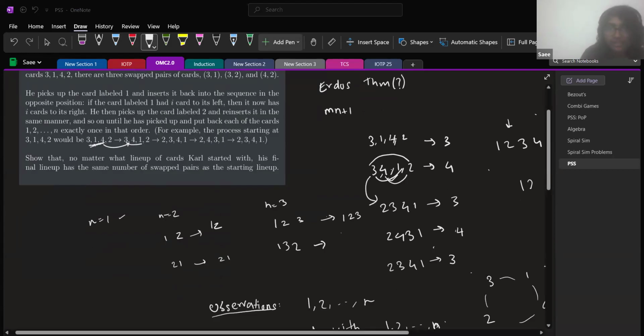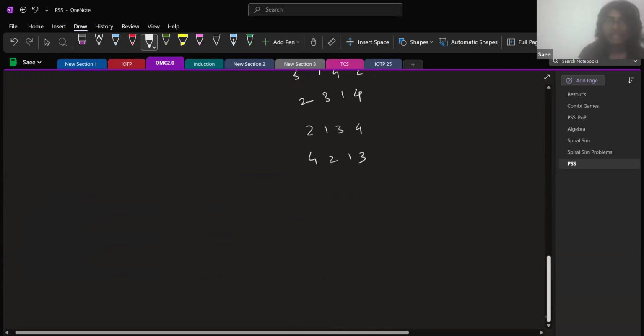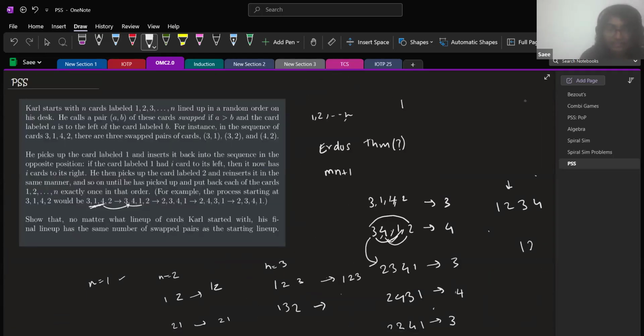So what is an invariant in that step? It's a very stupid kind of question. What did not change? In what nice way are we removing the one and placing it again? There's something that is not changing when we are doing this, some quantity that we are referring to.